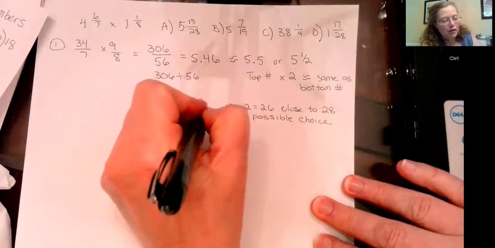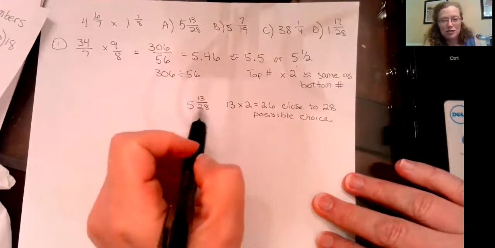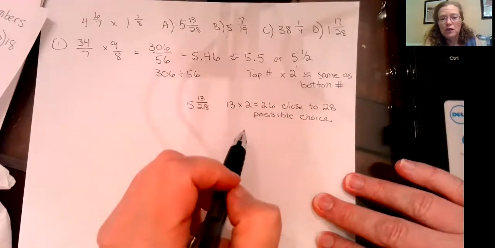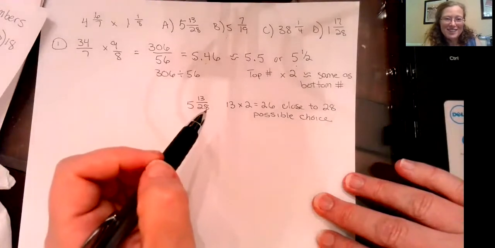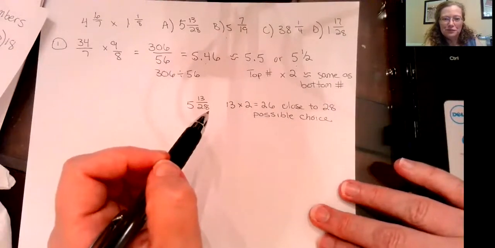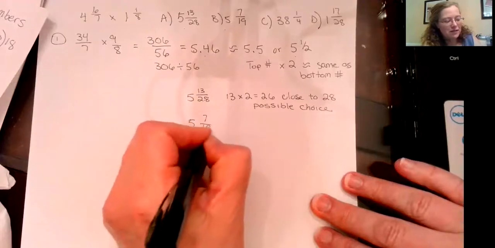What we're doing right now is probably a new concept for you, thinking about these fractions and what kind of decimal values they would give you. Once you've practiced this a few times, it gets a lot easier and you're able to narrow down your answer choices pretty quickly. The other one, 5 and 7/19.